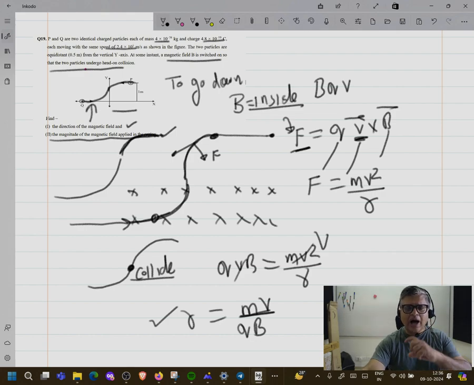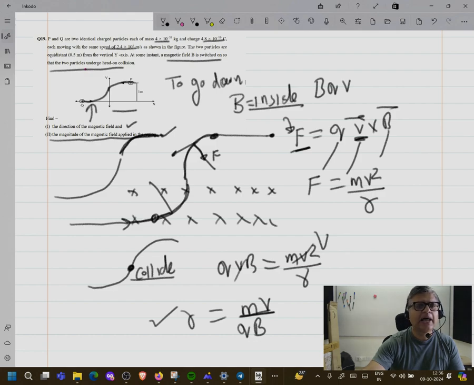No, the arc size is also identical, for the simple reason that both sides are identical. So the circular motion they take is also identical, and therefore this radius and this radius are identical.